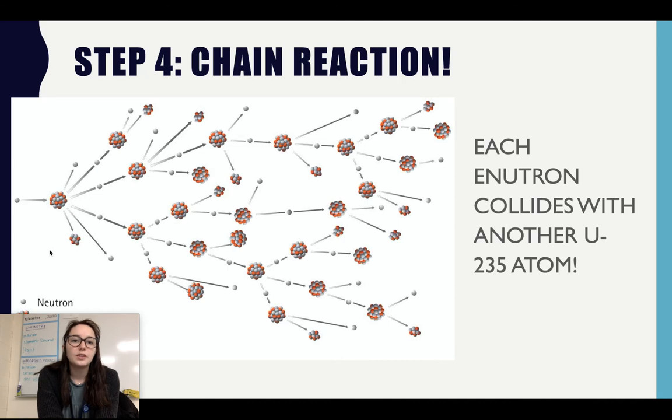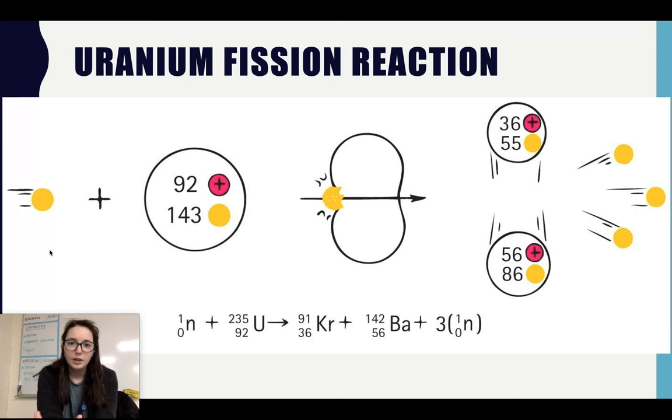Now, the fourth step, this is what happens as I start deforming, is that I'm releasing these 3 neutrons. Each of these neutrons is colliding with another uranium-235 atom. So this is where I get my chain reaction, where I just have a lot of breakage happening with my different uranium-235 atoms. So the fission reaction looks like this if I wanted to write it out.